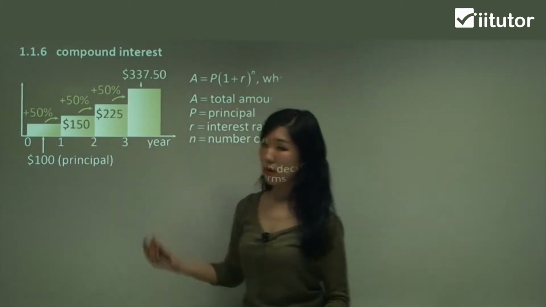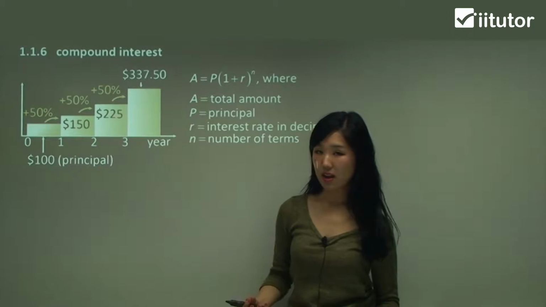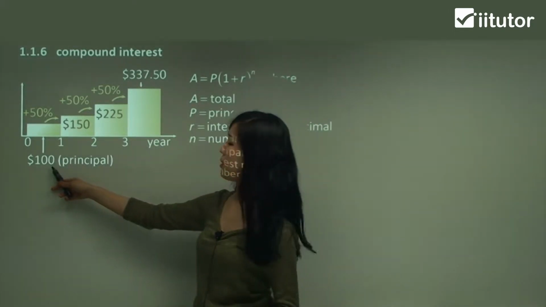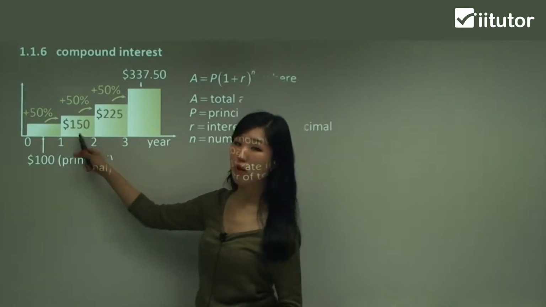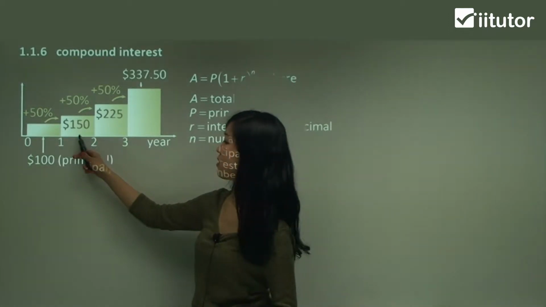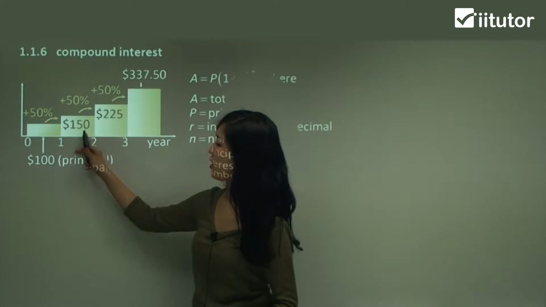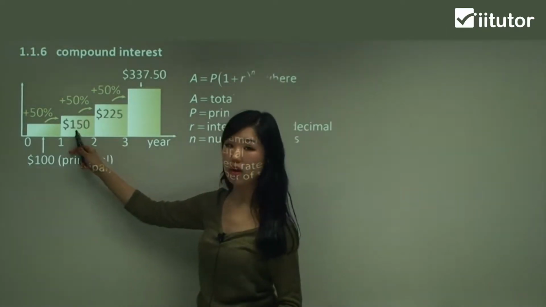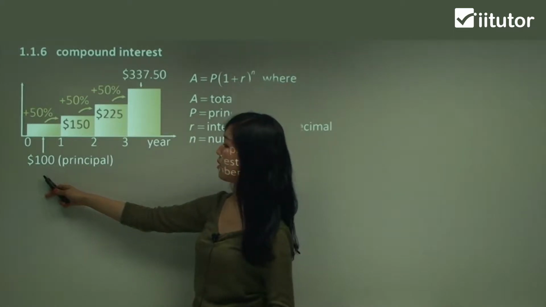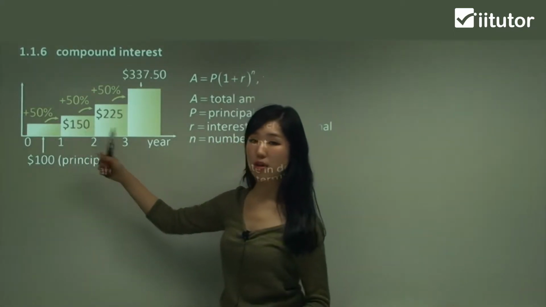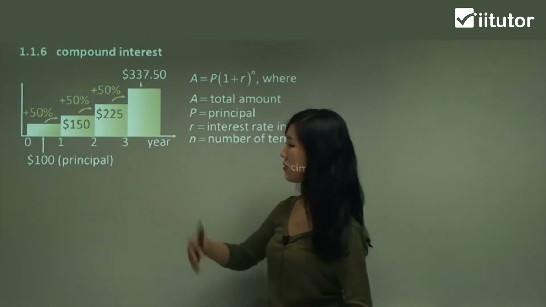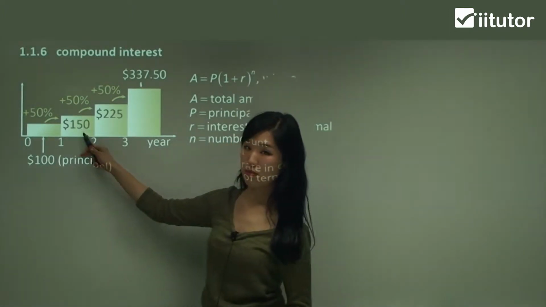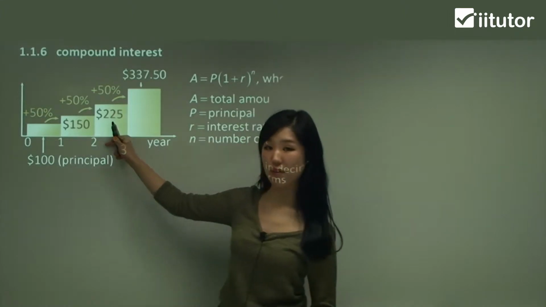Now, for the next period, we charge 50% again, but this time it's not 50% of the principal value, it's 50% of the period prior to that period. The previous period was $150, so we charge 50% of that one, not this one. So 150 divided by 2, or basically just times it by 50%, you should get 75 added on top of the $150 to get $225.